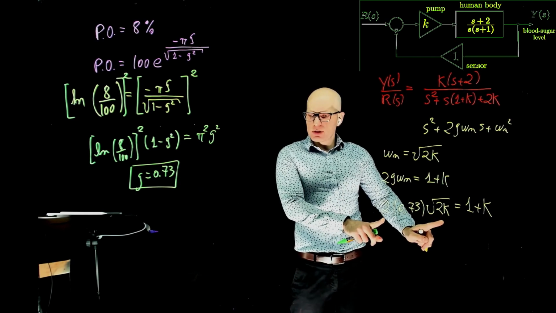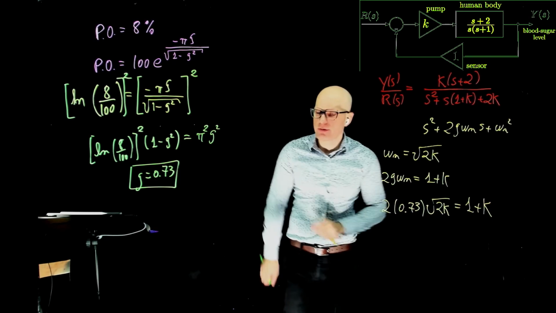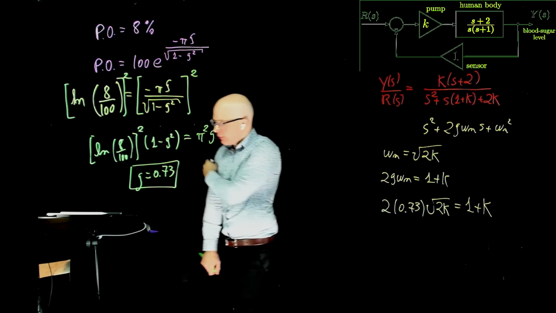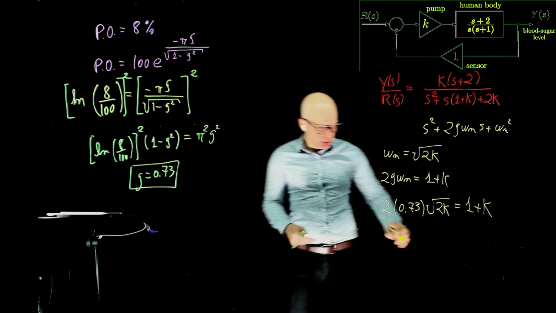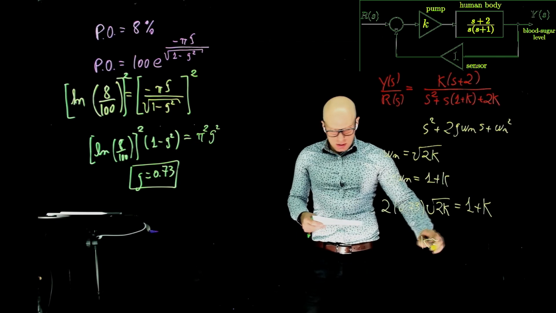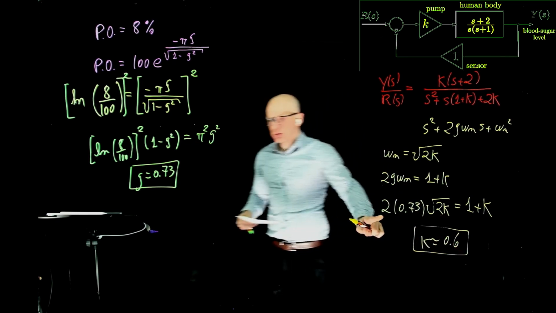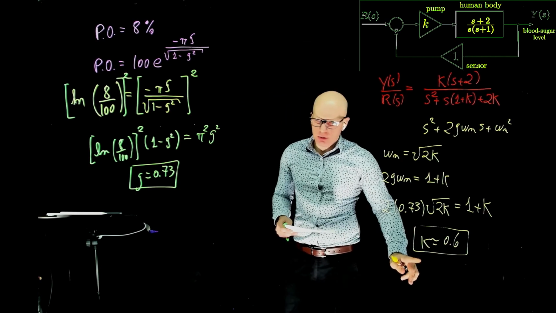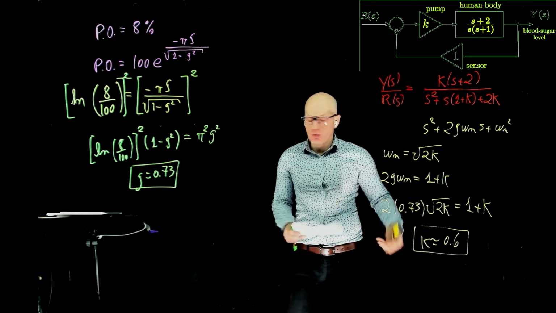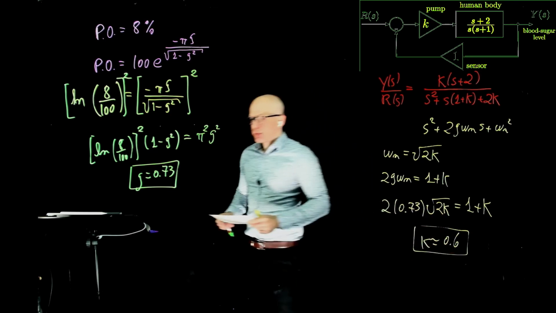We want to get rid of this square root of 2k, so you square that, and we have a second order polynomial to solve for k. In this case it is 0.6, by just solving the second order polynomial here. There will be another value of k outside the bounds from 0 to 1, and you can discard it. This one is the one that will satisfy the equation.